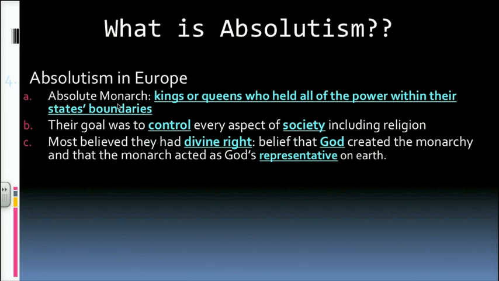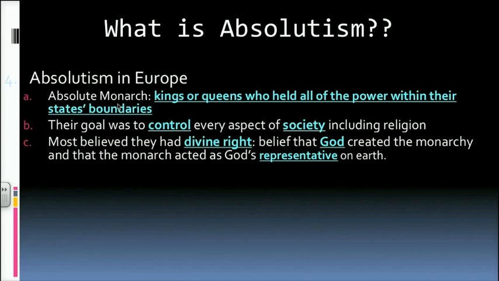Many of these absolute monarchs believed that they had divine right. What divine right is, it's a belief that God created the monarchy and that the monarch acted as God's representative on earth. So that's basically saying God's number one and I'm number two, which definitely shows you the ego of some of these absolute monarchs.